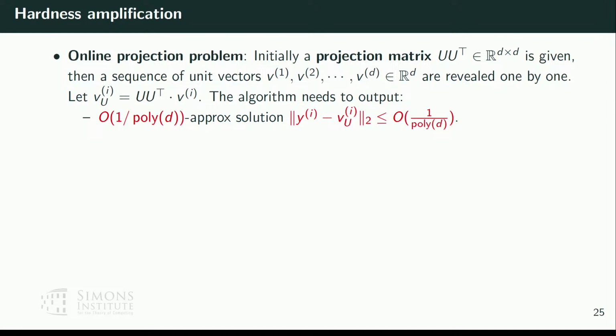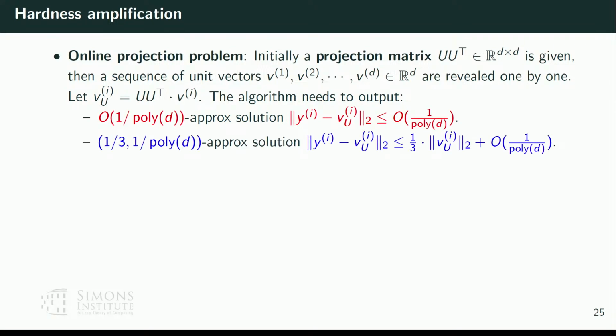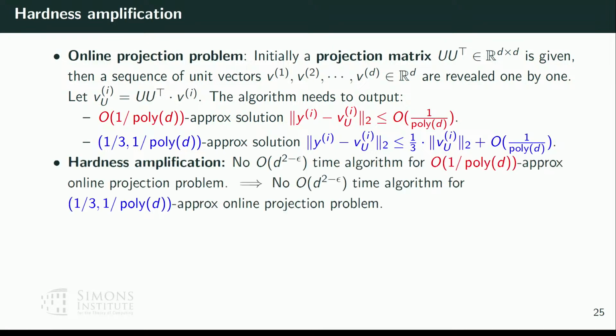The stronger type is we only allow 1/poly d additive error, where the difference between Yi and the exact solution is bounded by 1/poly d. And a looser approximation is where we still have a 1/poly d additive error, but we also allow a constant relative error. So it's some constant times the norm of the exact solution.